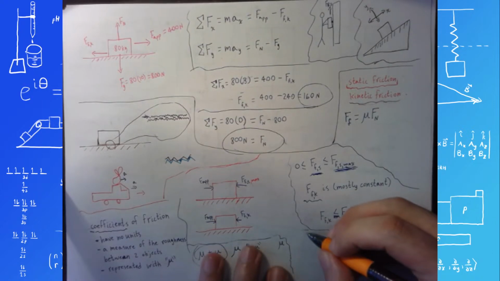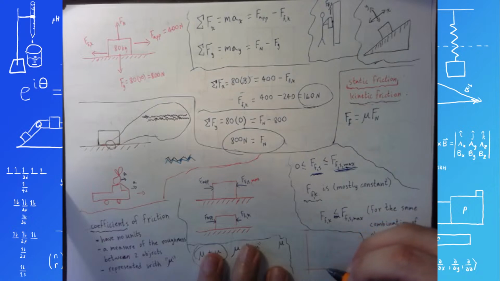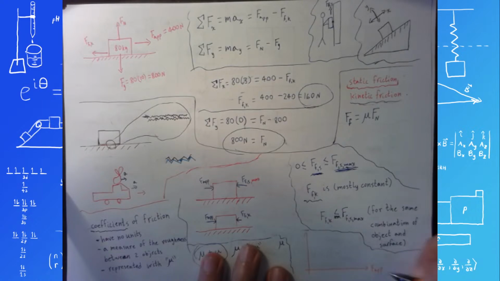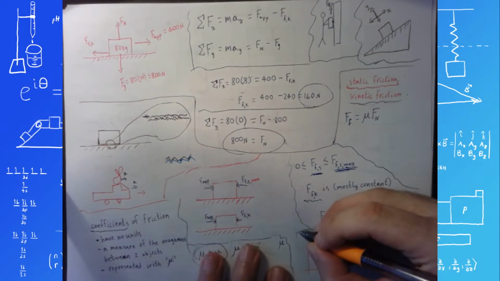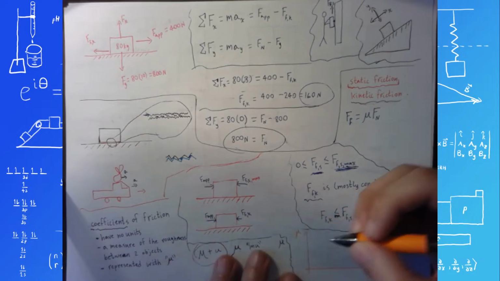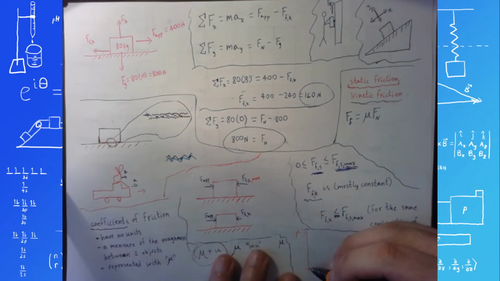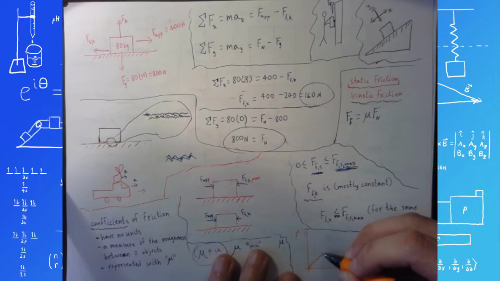This coefficient of friction, if I were to graph it, so here's going to be the force that I apply, and then here I'm going to graph the coefficient of friction. So when you first apply force, there's no friction, obviously, but then as you increase the amount of force that you're applying, the coefficient of friction will increase.